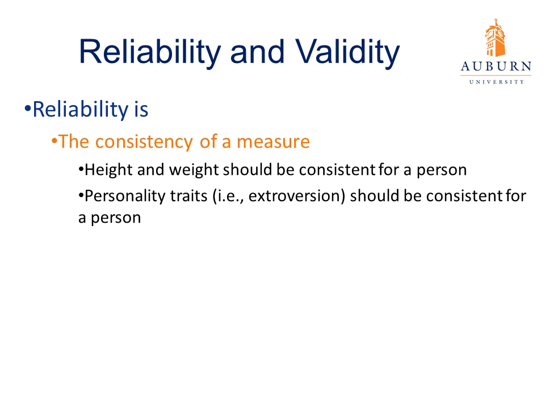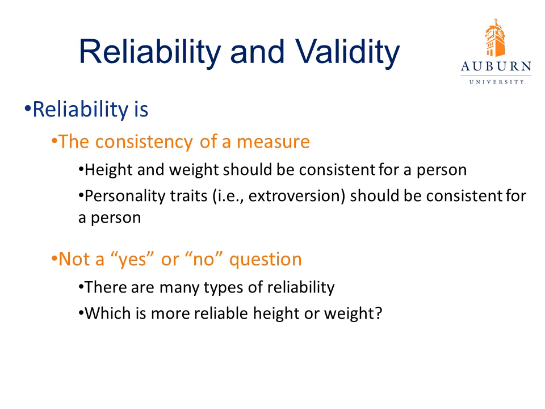Now, it's important to remember that reliability is not a yes or no question, that there are many types of reliability. So we're just talking about reliability in general. If you go on and you take a research methods course, you'll talk about all the different types of reliability, things like test-retest reliability, internal consistency reliability, split-half reliability.